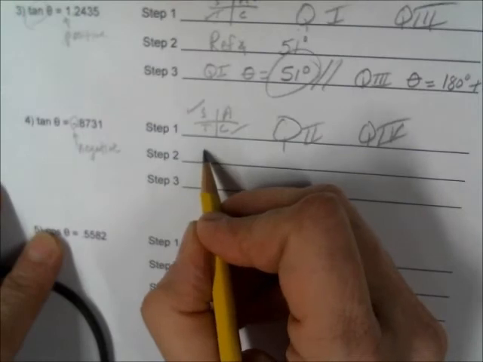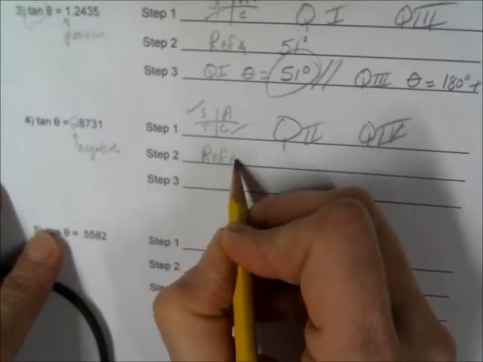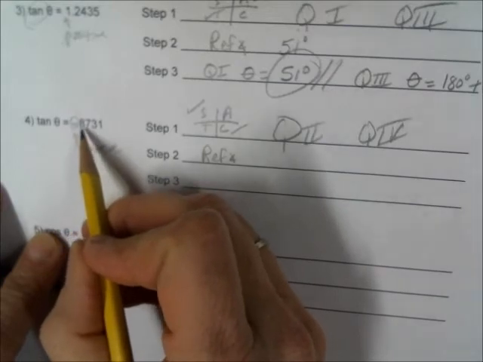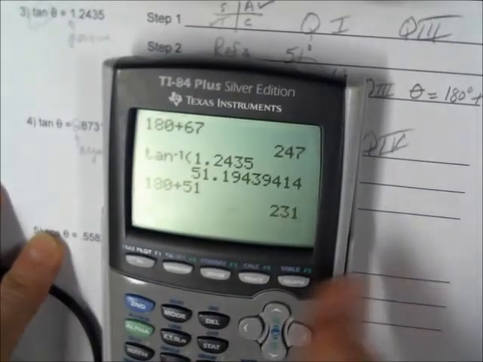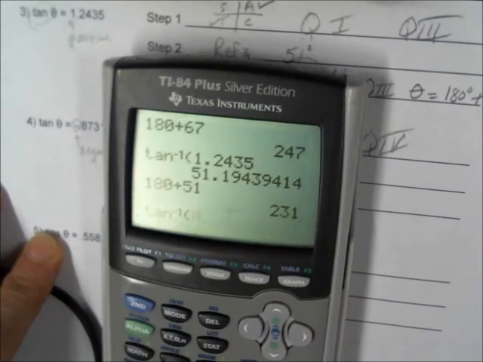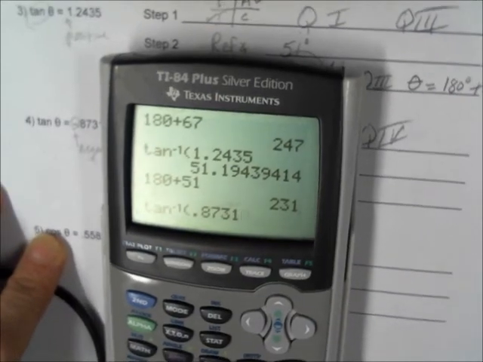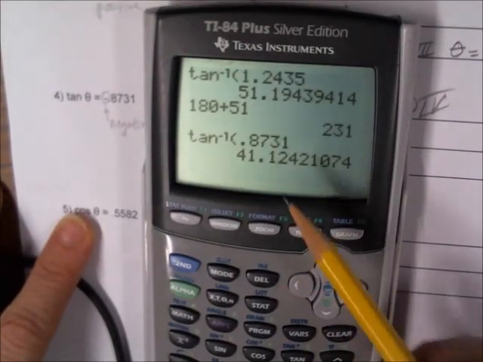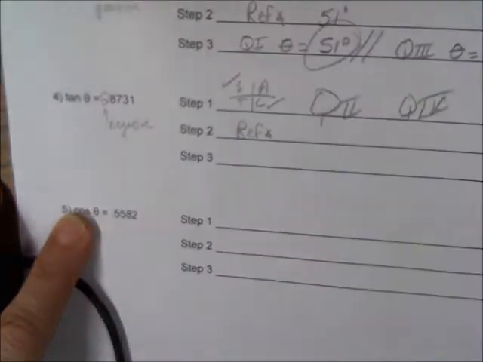Step 2 says find the reference angle. And we're going to remember, put second tangent of the positive number, 0.8731. You should be doing this along with me with your calculators, making sure you get the exact same thing that I do. And this reference angle is 41 degrees.